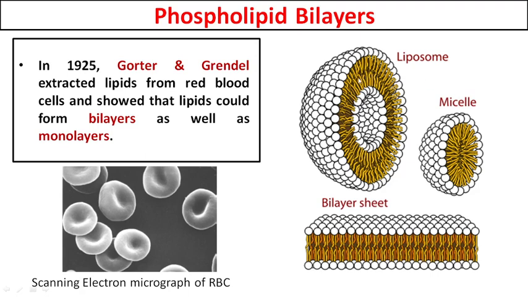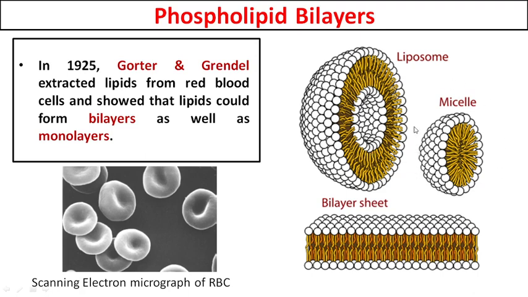They can also form a monolayer. Monolayer is a single layer. As you see here, they form a micelle. In a micelle, the outermost cover will be of the polar heads, and towards the inside there will be all the hydrophobic or non-polar tails. So this here is the single layer.